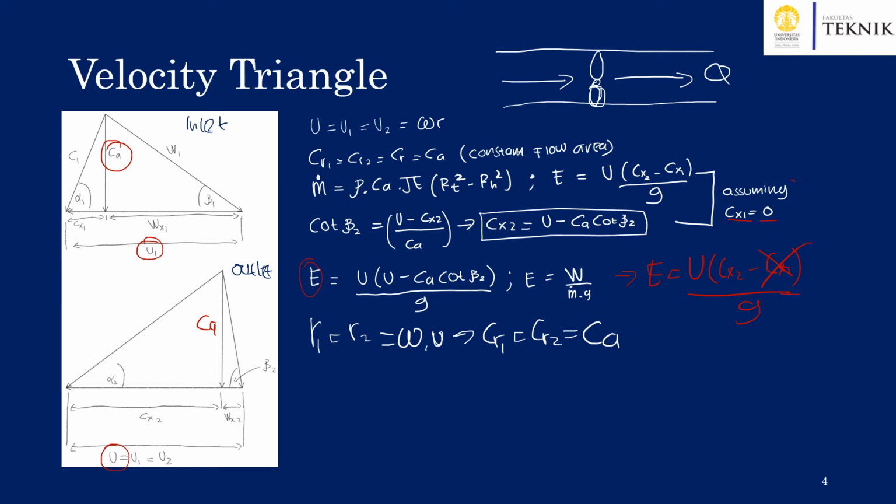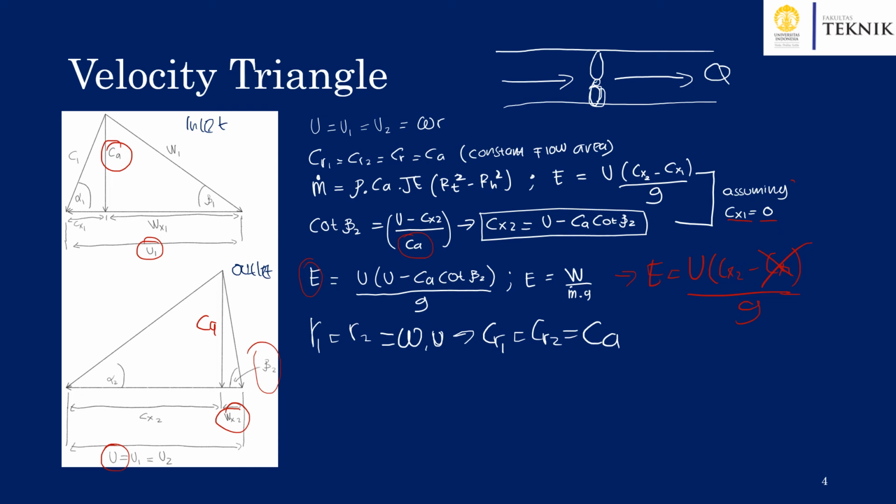From the velocity triangle, the cotangent of beta 2, the blade angle at the outlet side, is equal to U minus Cx2, because we need Wx2 here, divided by CA.